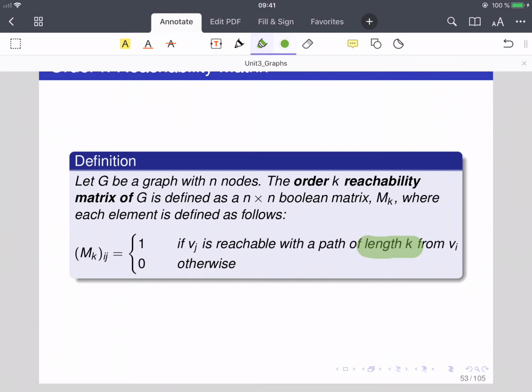Because for a path to exist, there must be a path of some length, and then there must be a 1 in the corresponding k-reachability matrix. So if we were able to compute these matrices, we would be closer to having the reachability matrix and to answering the question of whether the graph is connected or not.